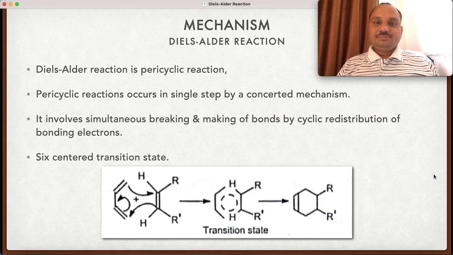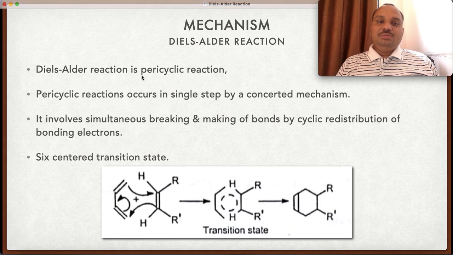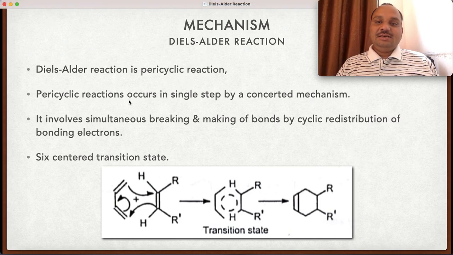Let us see the mechanism of the Diels Alder reaction. The Diels Alder reaction is a pericyclic reaction, one type of chemical reaction. Pericyclic reaction means they occur in a single step, by a concerted mechanism.